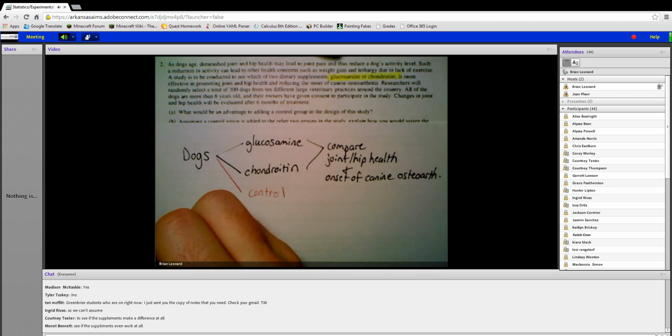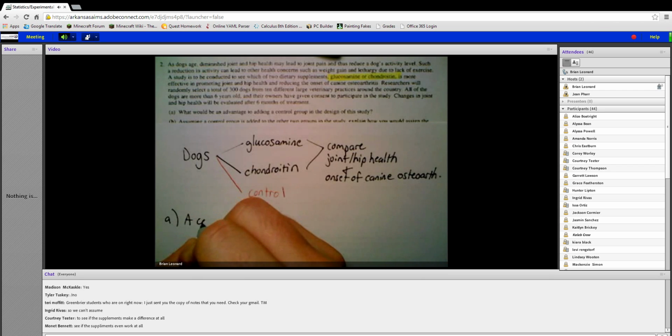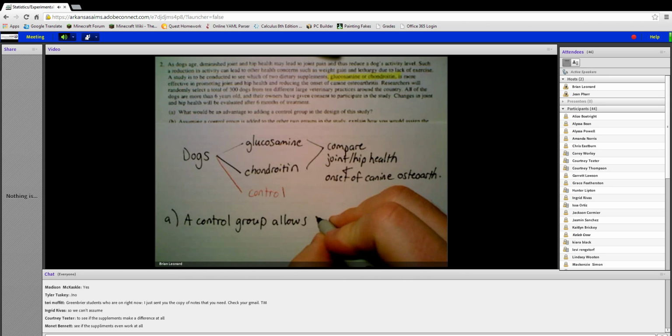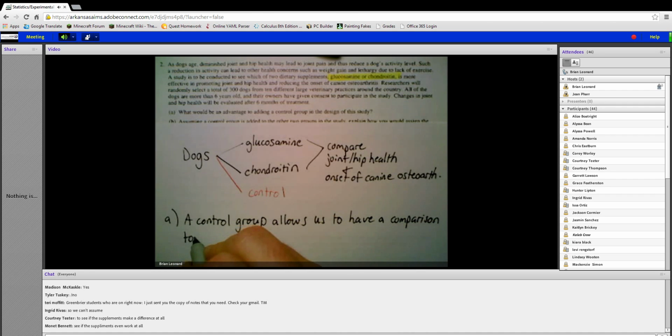So I would say in part A, the control group allows us to have a comparison to see if either treatment works at all. Now, you could probably say that a lot better, but that's the goal.